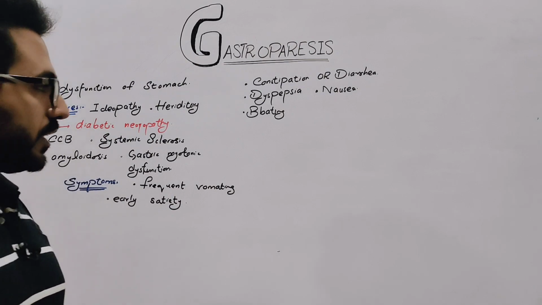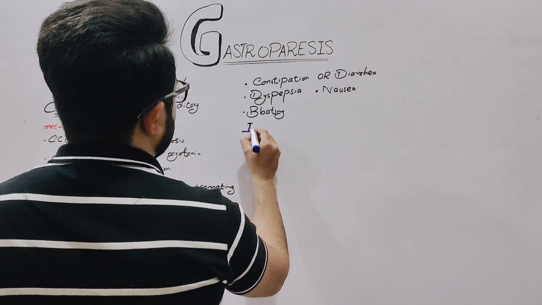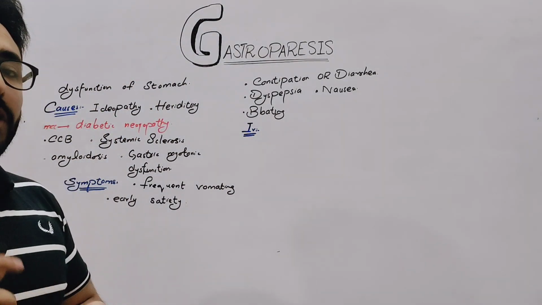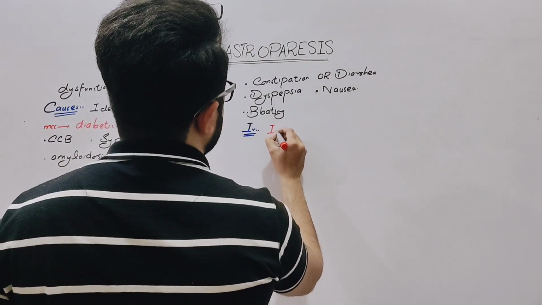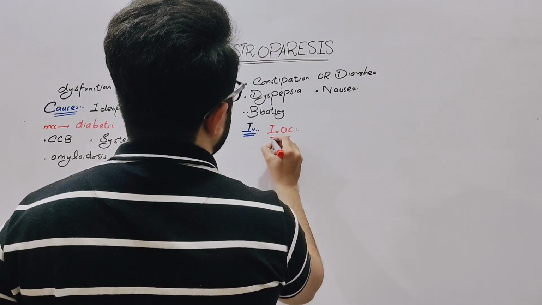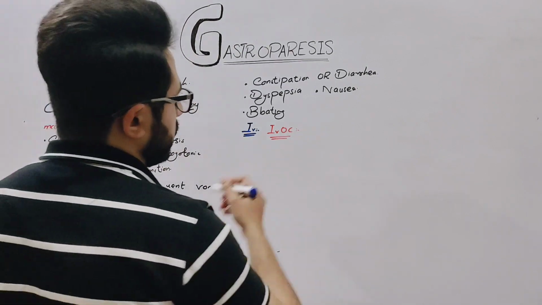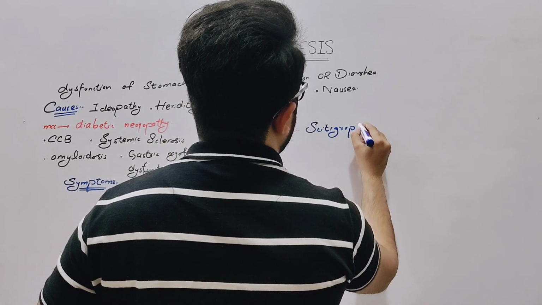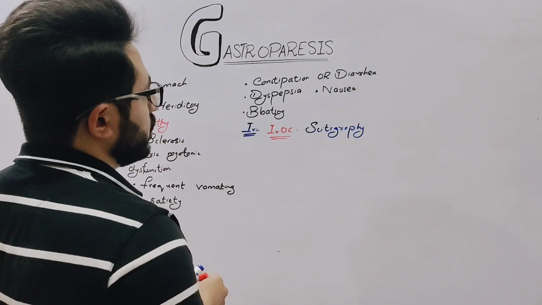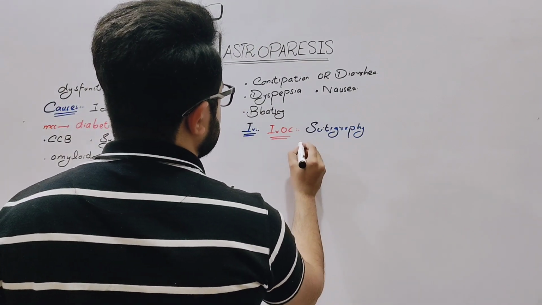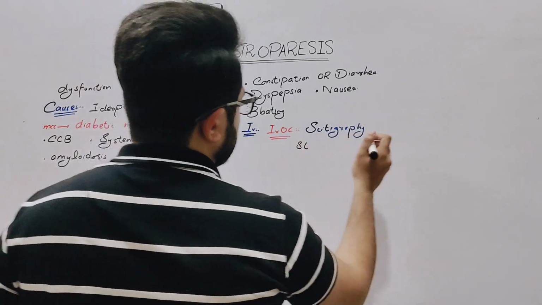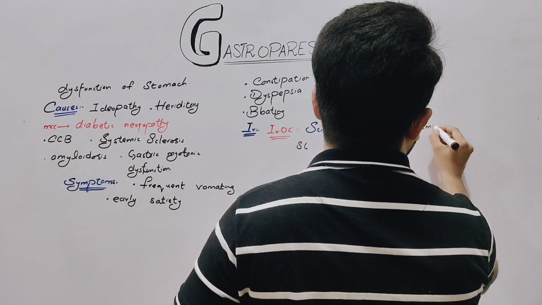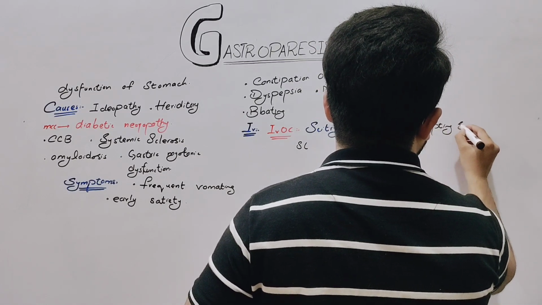Now let's discuss the investigations. You can also do endoscopy or some other tests, but you should only remember this: the investigation of choice is scintigraphy, or in some other books it is written as gastric emptying studies.